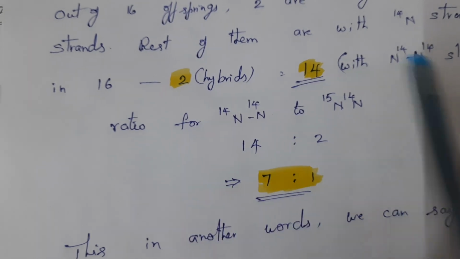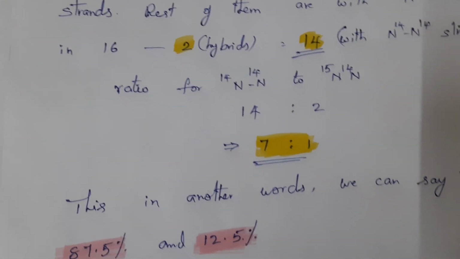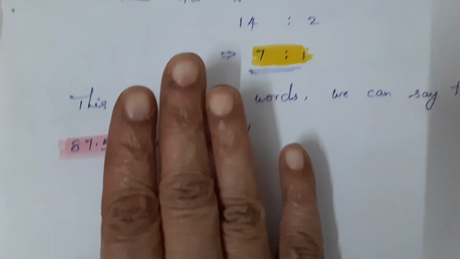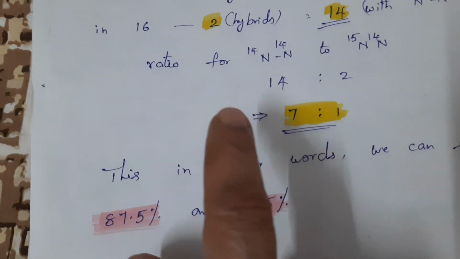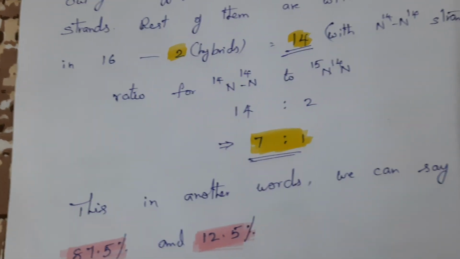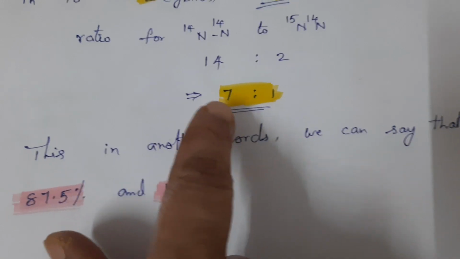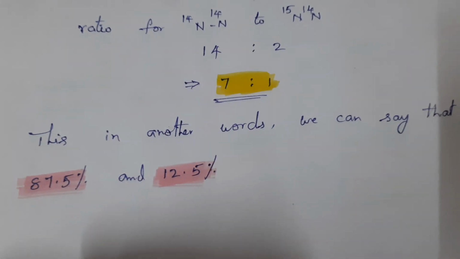And the same one, if we are taking in other words, same question, but they won't ask us the ratio now. Here they will ask, after 4 generations, otherwise after 3 generations, what could be the percentage of these organisms?